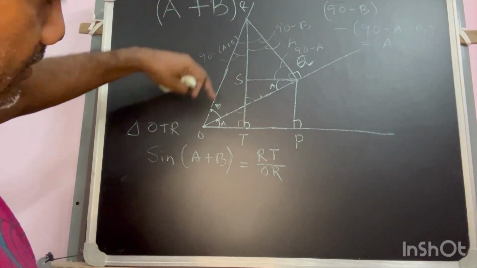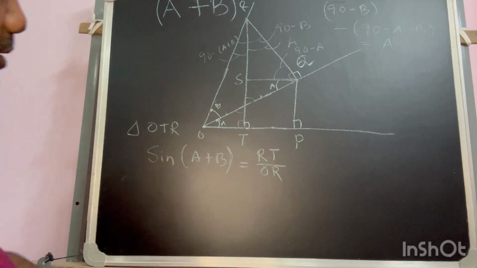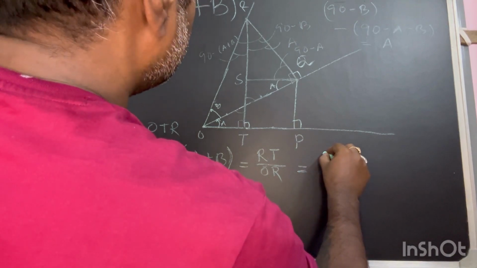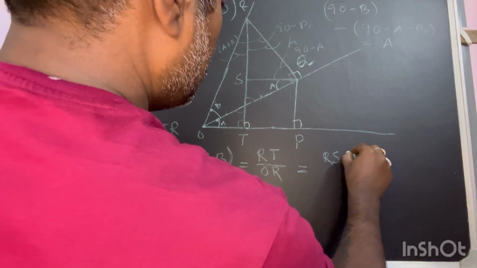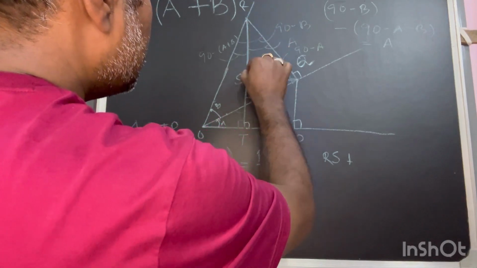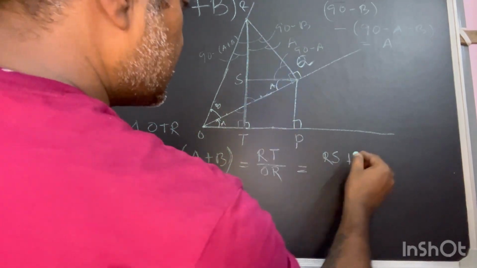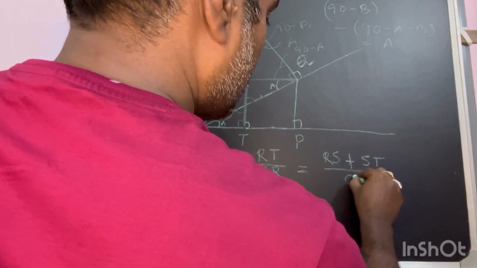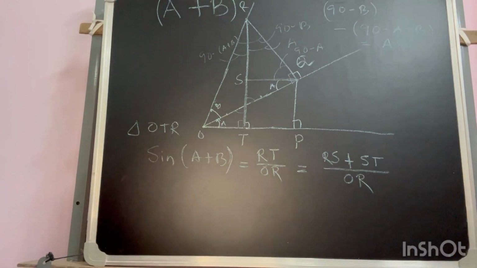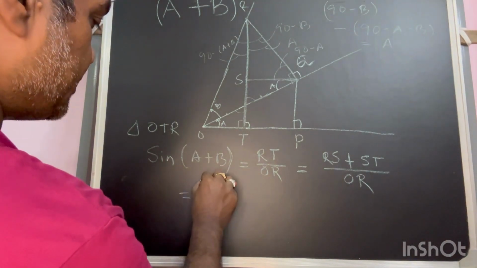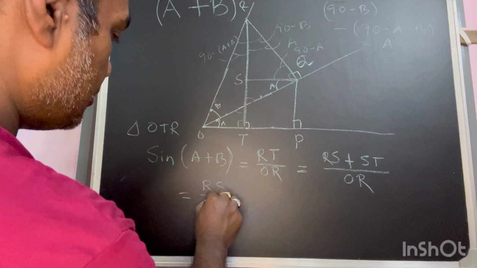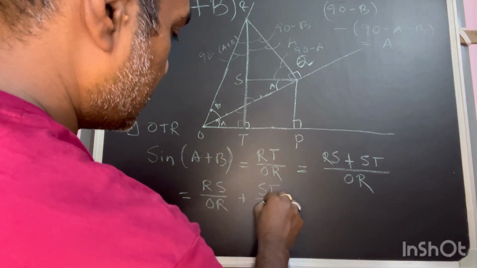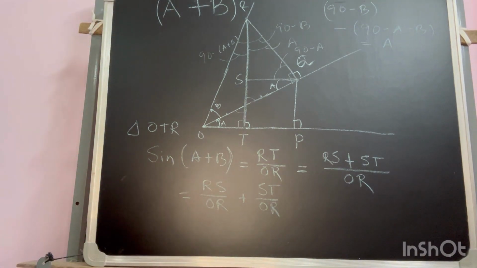Now RT complete can be written as RS plus ST, upon OR. Understood? Now I am separating this as RS by OR plus ST by OR.